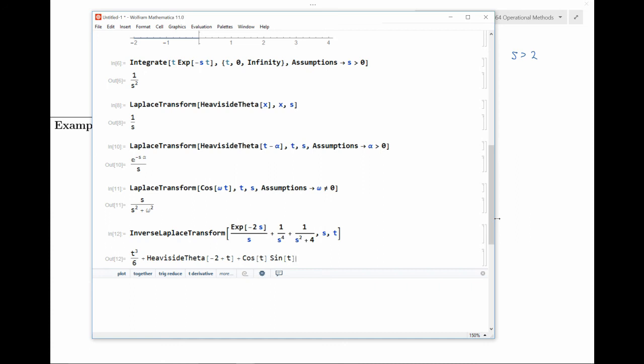Mathematica will give you an answer that is exactly the same as yours, but it looks very different. Just like earlier, before I put the assumptions into my Laplace transform commands, Mathematica was outputting something that was difficult to interpret and required a little bit of thinking before we could see what the actual result was.